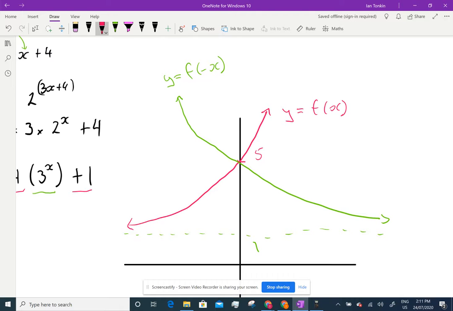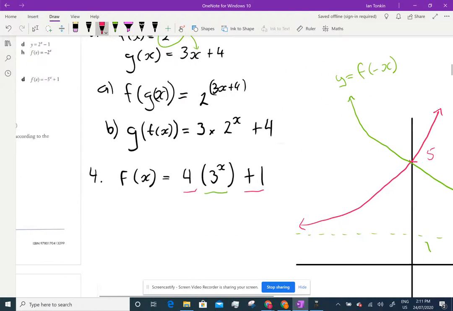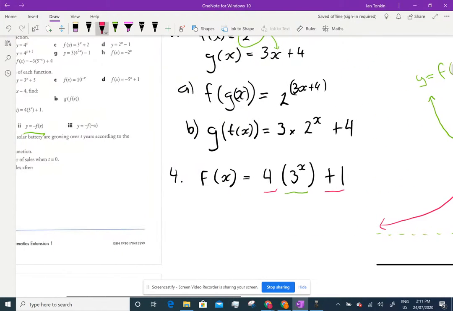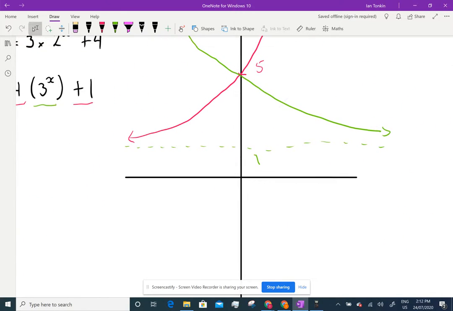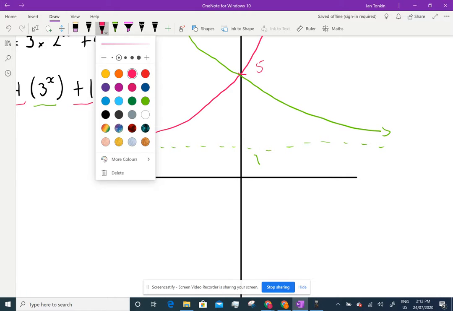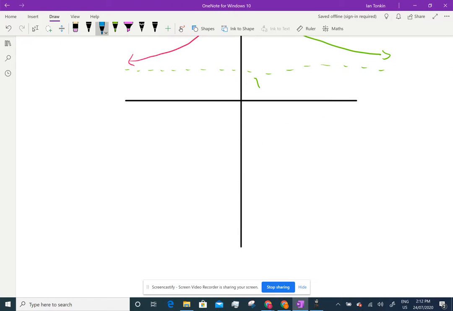Now, if I do negative f of x, it's going to flip it over this line. So I'm going to choose another colour and do it in blue. So it's going to come all the way down here and it's just going to go up there.